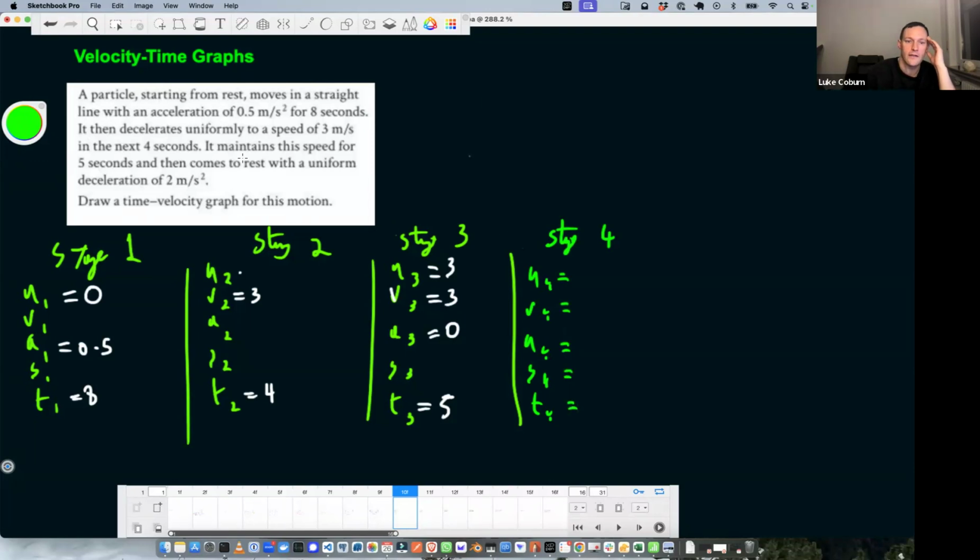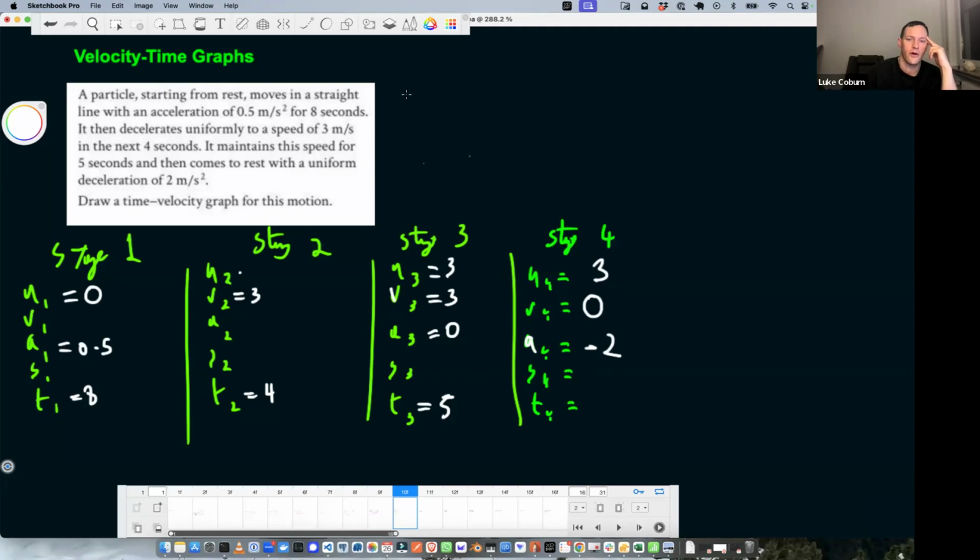And then it decelerates to rest again, so its initial speed is whatever its final speed was in the last bit, which is 3, and it decelerates to rest at a deceleration of 2 meters per second squared. So this is my A here. So this is -2, and that's all the information that we've been given.